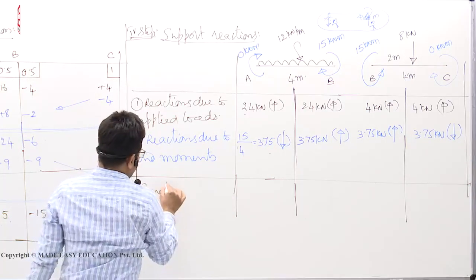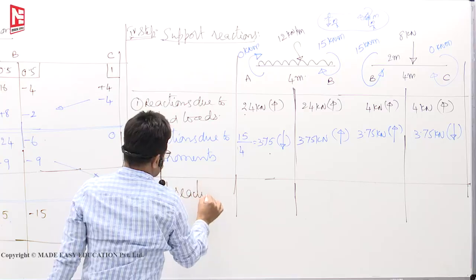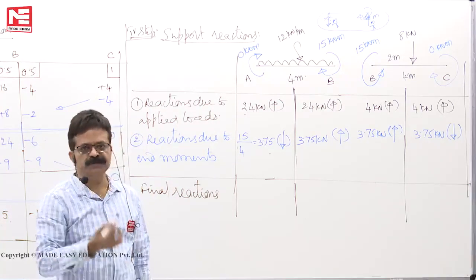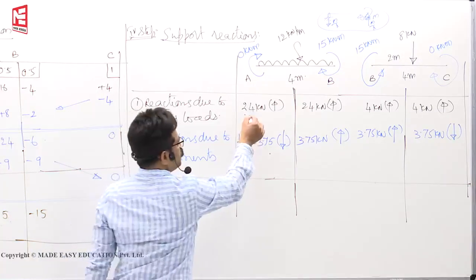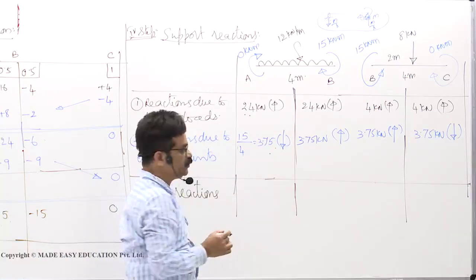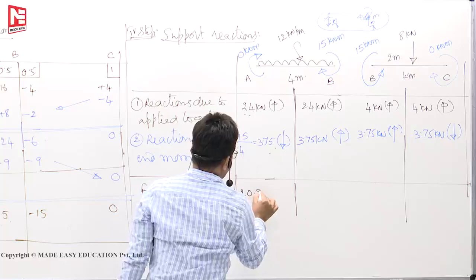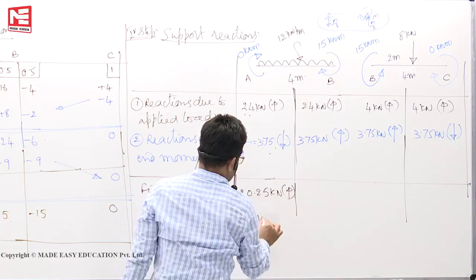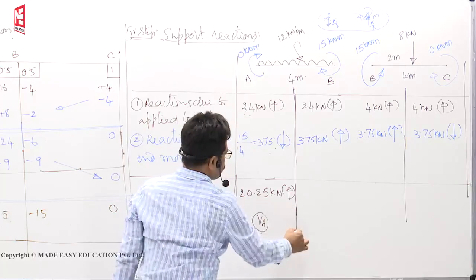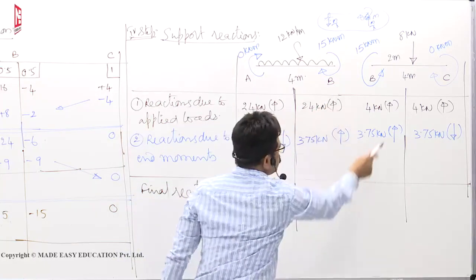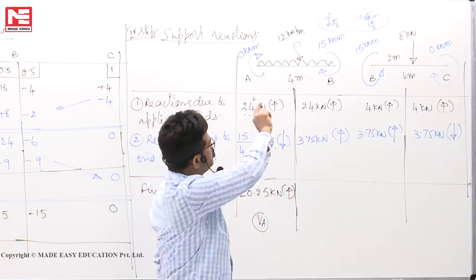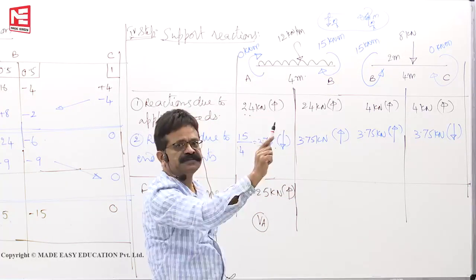Now you can find the final reactions. Since it is a linear elastic structure, the principle of superposition can be applied. 24 up, 3.75 down. So you will get 20.25 kilonewton up. This reaction is VA. Then VB is because of these four: the UDL as well as the point load, and also due to the clockwise 15 and anti-clockwise 15 reactions.